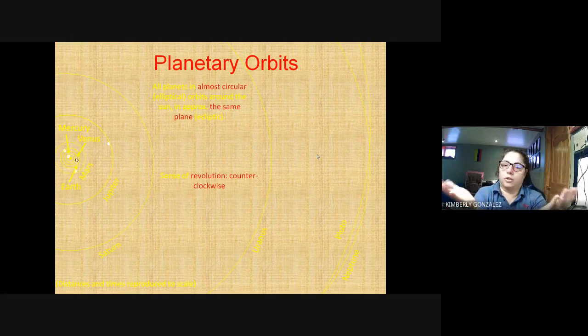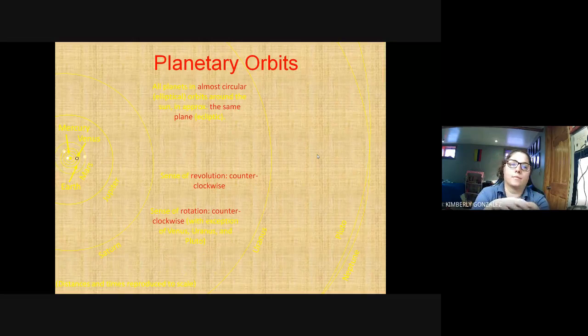Okay, just like everything else, they're revolving counterclockwise. Right, and they're also, for the most part, rotating counterclockwise, with the exception of Venus, Uranus, and Pluto. Okay, those are rotating clockwise.